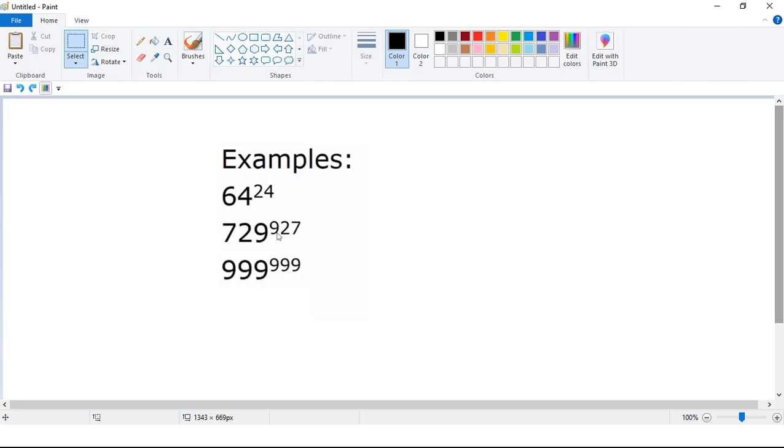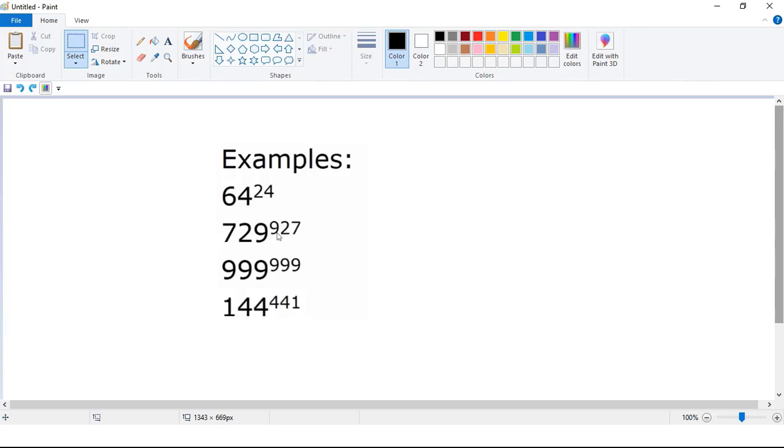Next example, 999 and power is 999. The last digit of the base is 9 and the power is also an odd number. So, the last digit of its answer will be 9.